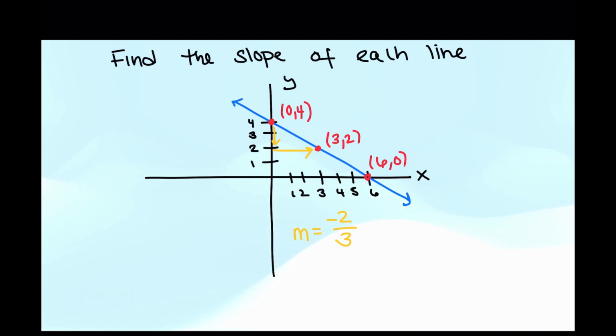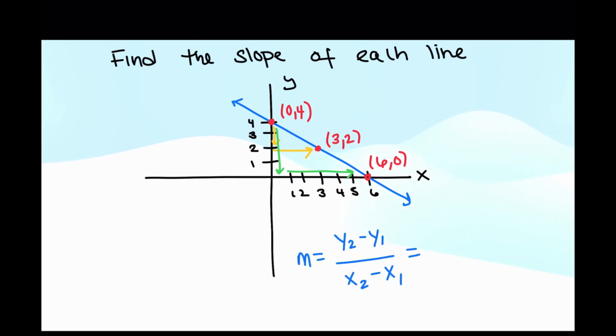So my slope is -2/3. We could have also used the 0, 4 and the 6, 0, and we'll get the same answer. Notice in that case you would go down 4 units and over 6. So the rise would be -4. The run is +6. And that also reduces to -2/3. -2/3 is my slope.